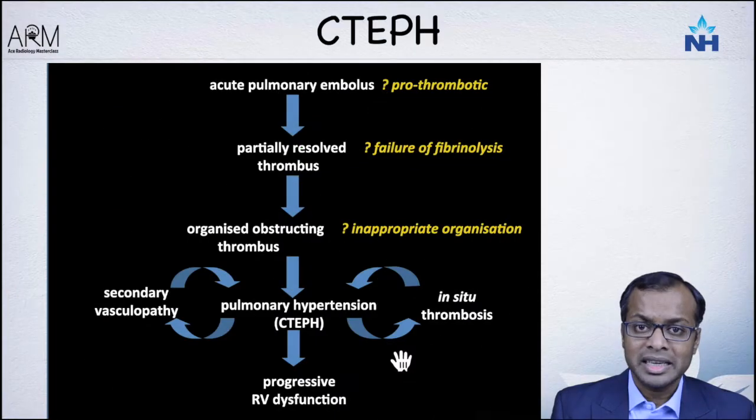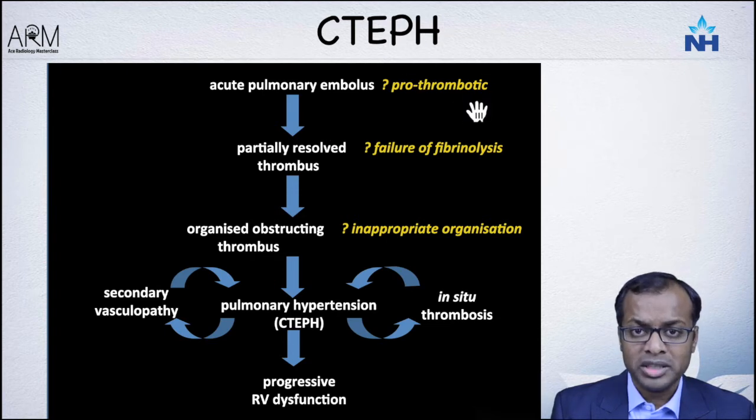So what is CTEPH and when do patients get CTEPH? Usually patients tend to have an acute pulmonary embolism. It's either related to a prothrombotic factor or it is secondary to a DVT in the lower limbs which migrates into the lung. This, if very well treated with fibrinolysis or with good anticoagulation, often resolves without much problem.